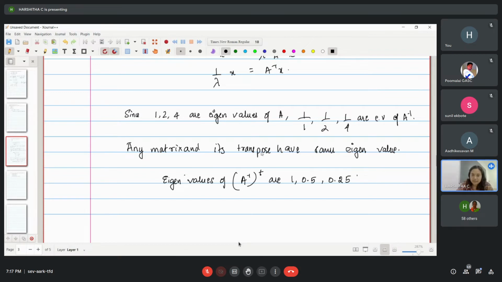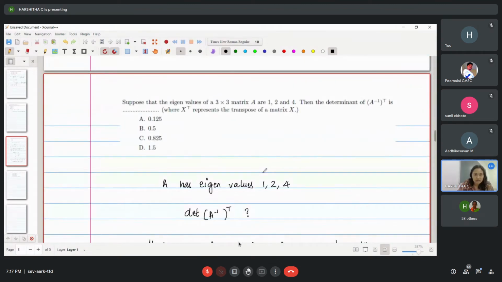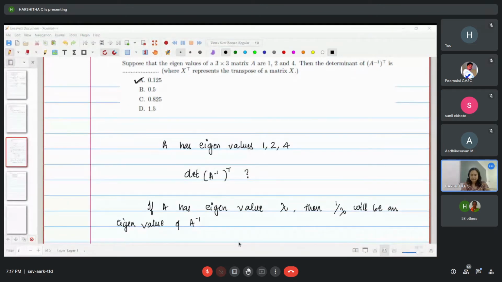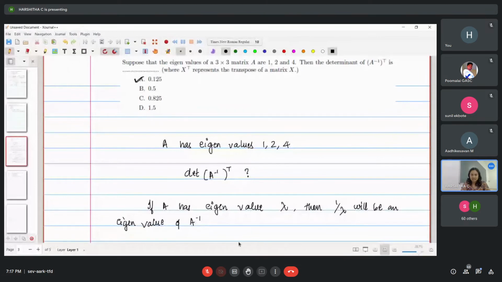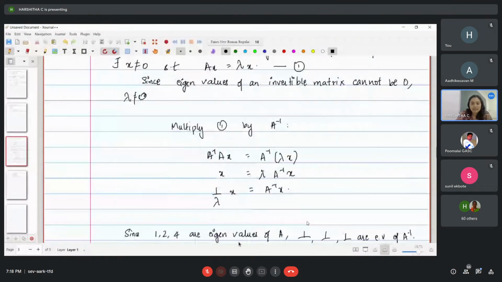And determinant is the product of eigenvalues. When you take the product of these three values, you get 0.125. Is this okay? Any questions? There are no questions. Go ahead.